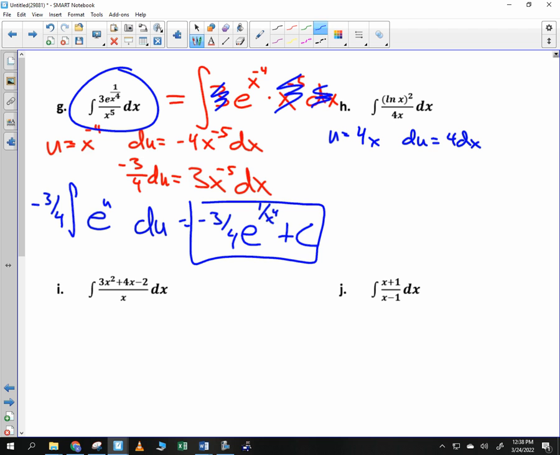So let's switch that around, and let's say that instead of u being 4x, let's have u equal to natural log of x. What's the derivative of natural log? 1 over x dx. So do you have an x in the denominator? Yeah, you do. You actually have a 4x in the denominator, so what are you going to multiply by? 1/4. So 1/4 du is equal to 1 over 4x dx.